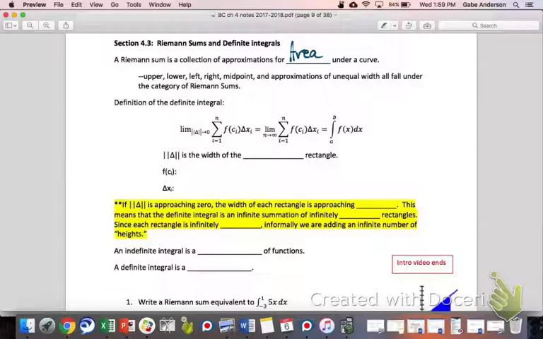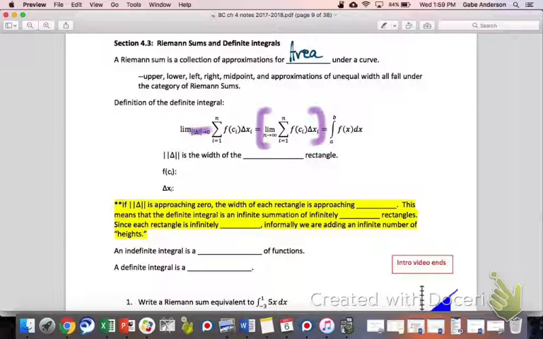So the definition of the definite integral, I want to point this out. This right here, well, it's full of scary stuff, of course, but isn't this what we've just been doing? Limit as n goes to infinity, sigma f, basically the area of a rectangle. That's what we've been working with for the last 2 examples. But then there's that thing on the left, and I want to point out a couple things about that.